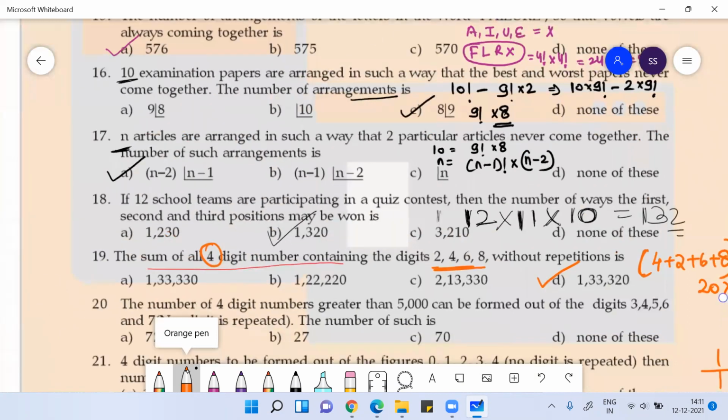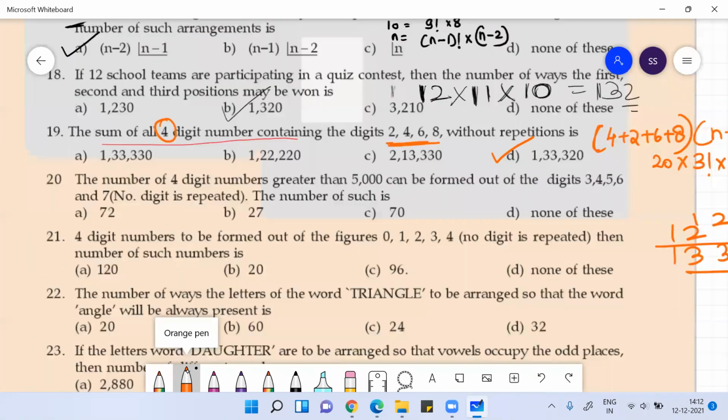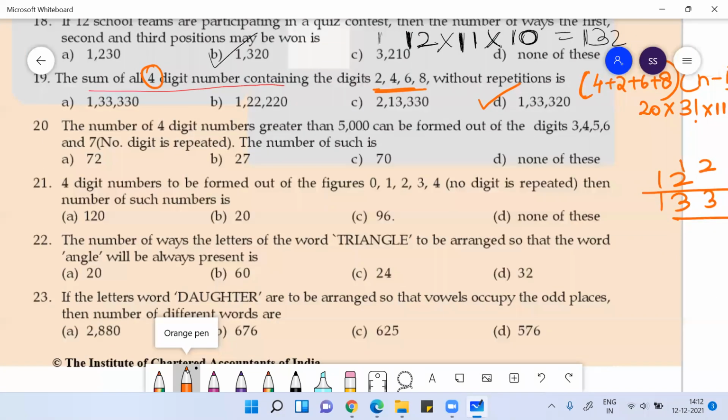So we have done till the 19th question. The 20th question: the number of four-digit numbers greater than 5,000 that can be formed from the digits 3, 4, 5, 6, and 7, and digits are not repeated. So you want greater than 5,000, right? So 3 and 4 cannot come in the thousand place.